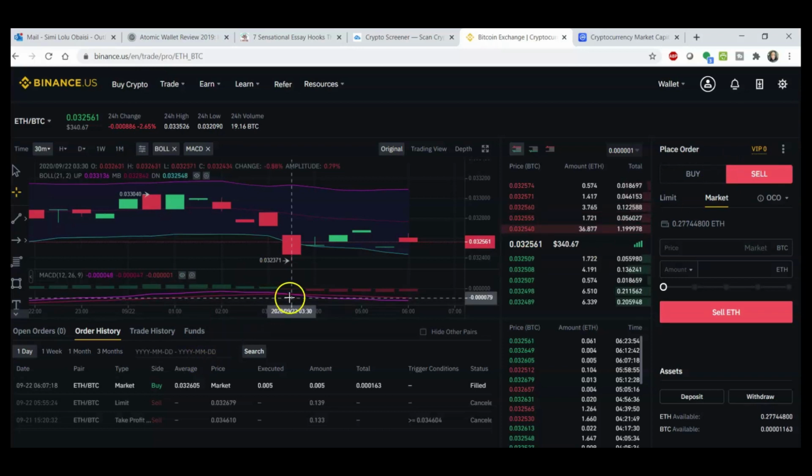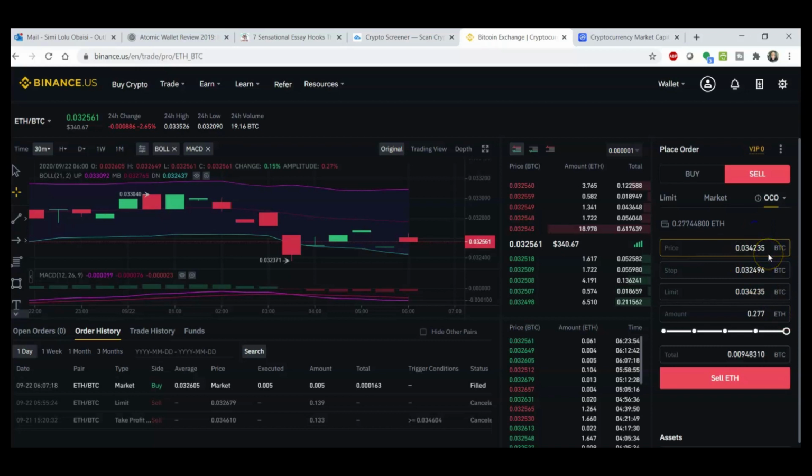I'm first going to set my stop loss. Now I entered into this trade somewhere about here. I don't know, somewhere about there. So I'm going to set my stop just below the previous candle low. I'm going to set my stop at 0.032496.